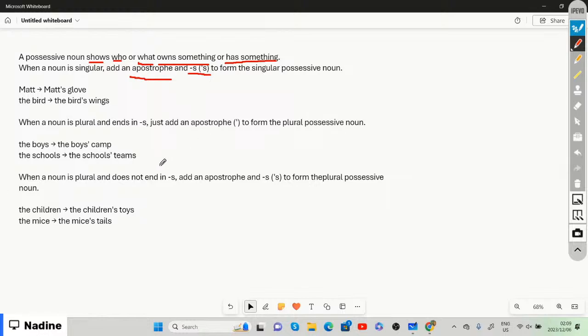If we look at an example of a singular possessive noun, for example, Matt.